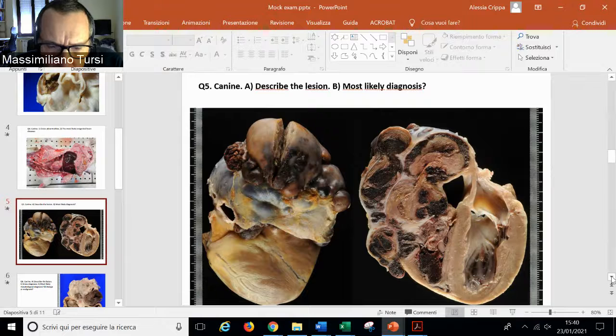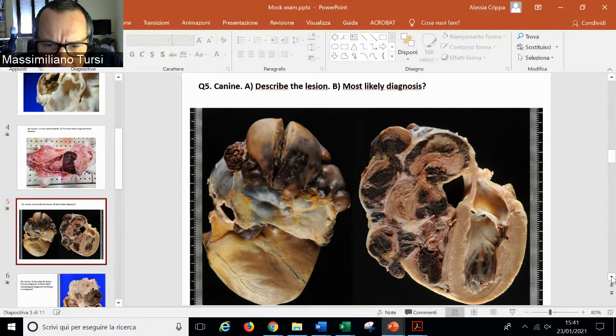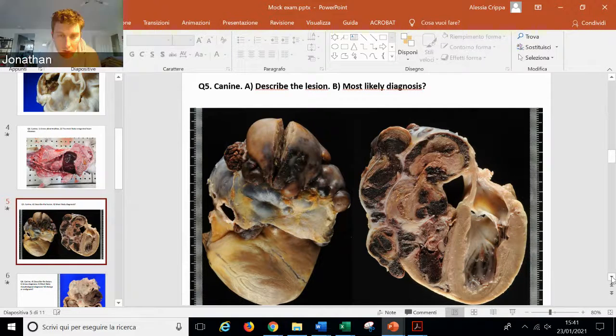I guess for me the hemangiosarcoma is a bit cavitated as well, and as you said, it is heterogeneous and soft, so you've got little cavities with blood in them. But I don't see the cavity in the hemangiosarcoma here. Well, where you've got the dark discoloration, for me this is a cavitated, necrotic area with blood.